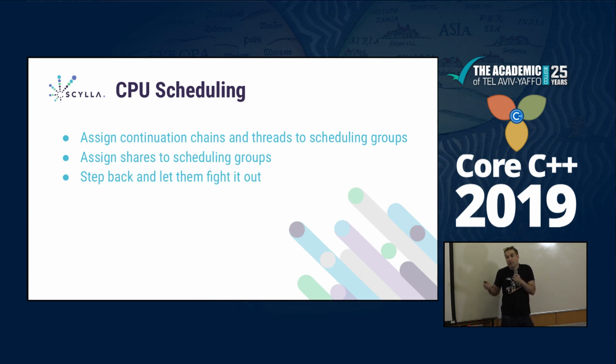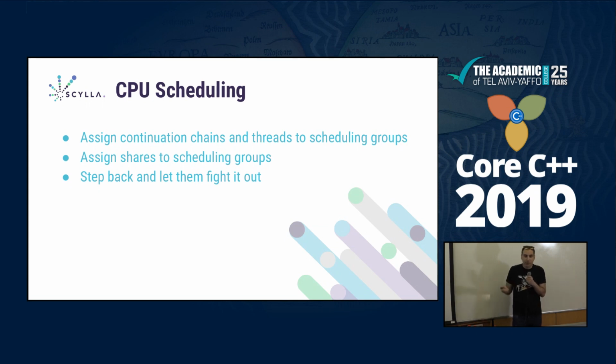So there may be several users that are using the system. We don't want one of them to send a huge number of queries and overwhelm the system, while the other users are just sitting and waiting for their queries to return. So in the same way that we do with I/O, we tag each continuation with some marker that identifies its origin, and it's inherited, so you don't really need to set it on every single continuation.